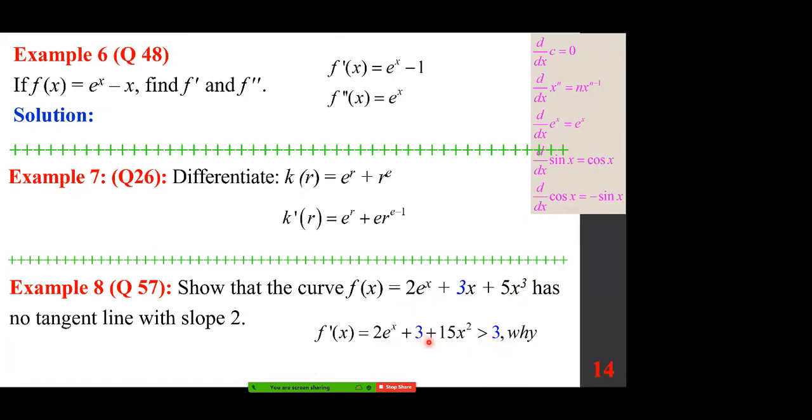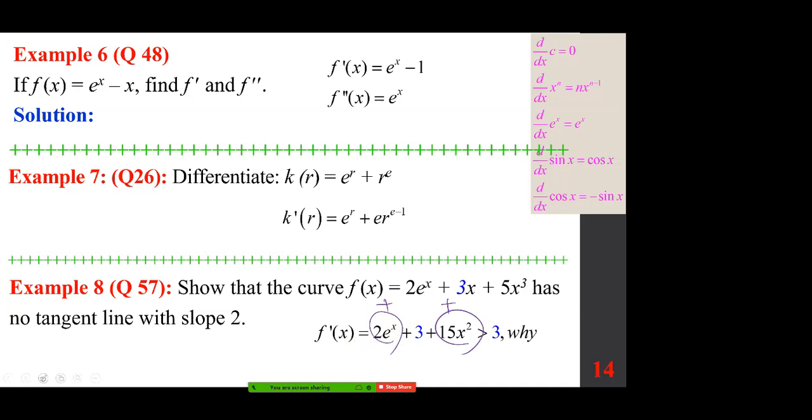Why is that? If we can show that it's larger than 3, there is no tangent line with slope 2. Well, this piece, 2e to the power of x, I hope you remember the range for basic e to the power of x or a to the power of x where a is larger than 1, it's 0 to infinity. So this is always positive. What about this one? Also positive. Why is that?